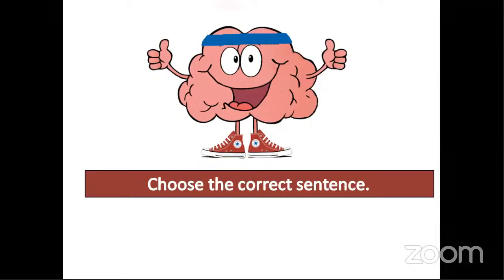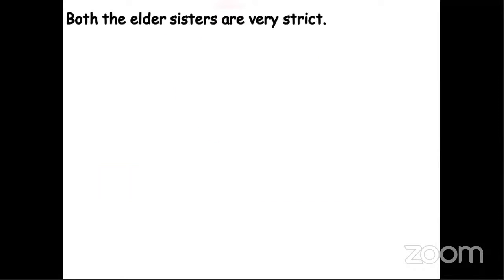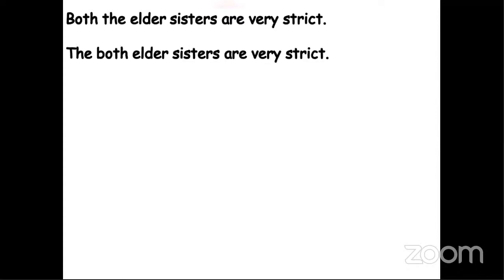So let us do this exercise now and choose the correct sentence. Both the elder sisters are very strict. The both elder sisters are very strict. Now let us take the second sentence first and do an analysis. When I say the both elder sisters are very strict, we see that we have placed the article before the quantifier.